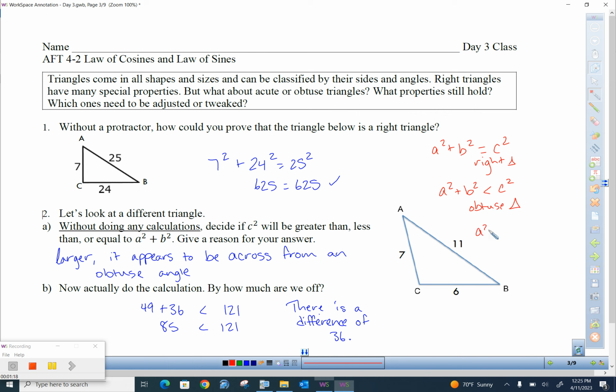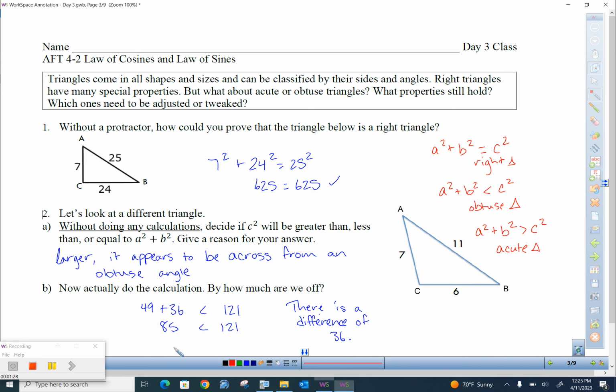And similarly, if we had a squared plus b squared, compared it to that third side, and this third side, when we squared it, was smaller, then that was an acute triangle. Okay, so I was looking for something about the type of triangle versus the numbers itself.